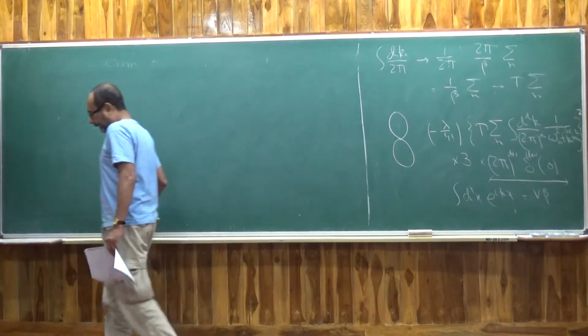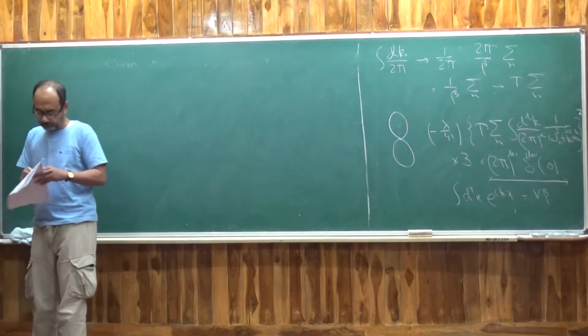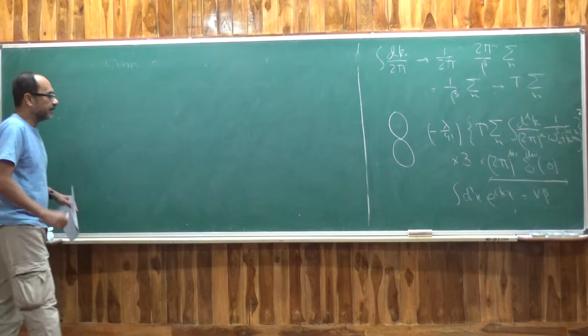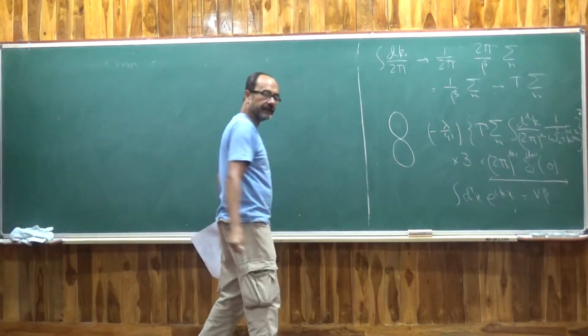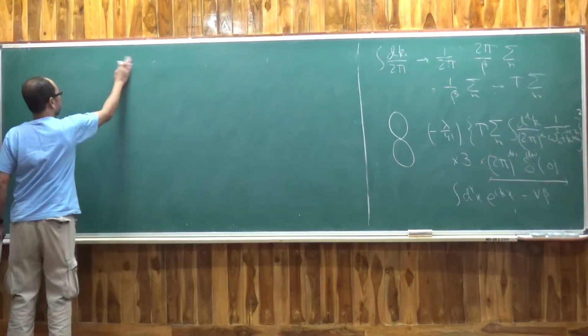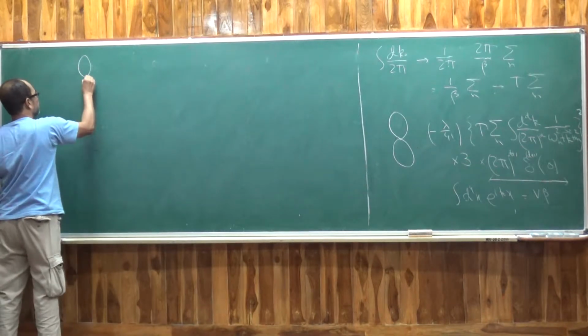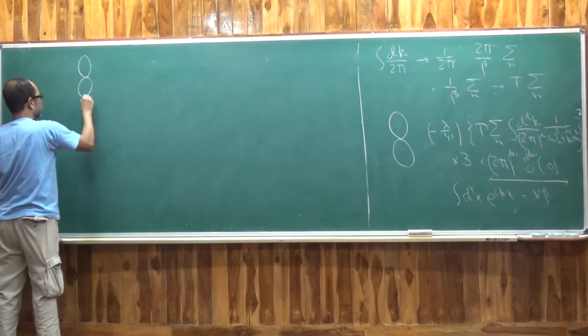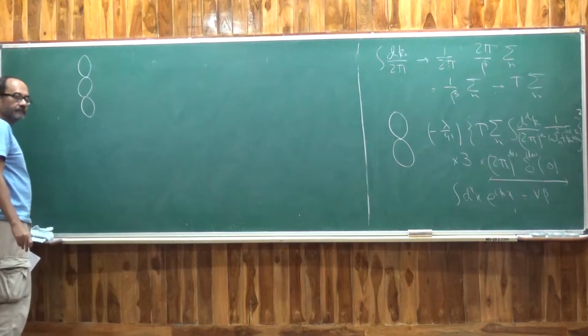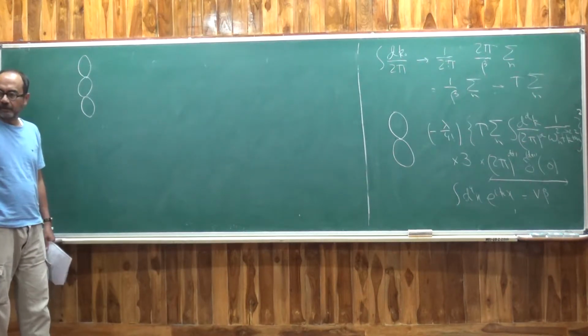Now at order lambda square there are other diagrams. This, for example, is one diagram which you have to worry about.